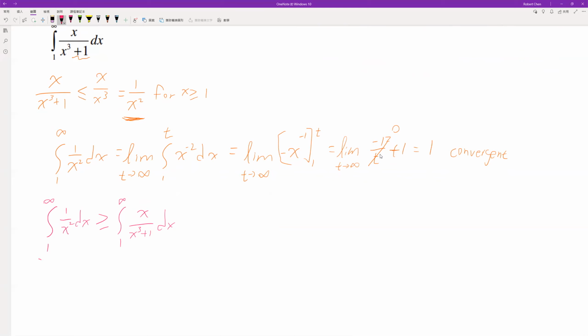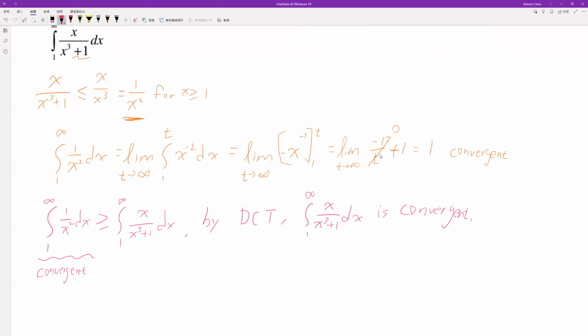And this is also convergent. Okay, so we can say by direct comparison test, the integral going from 1 to infinity, x over x cubed plus 1 dx is convergent.